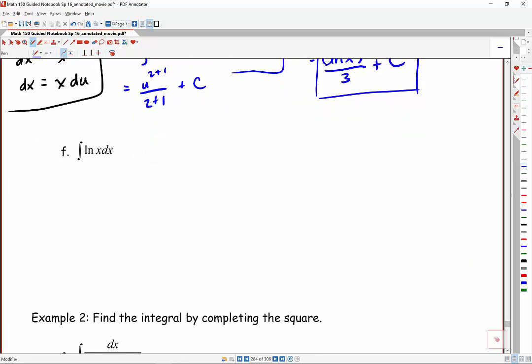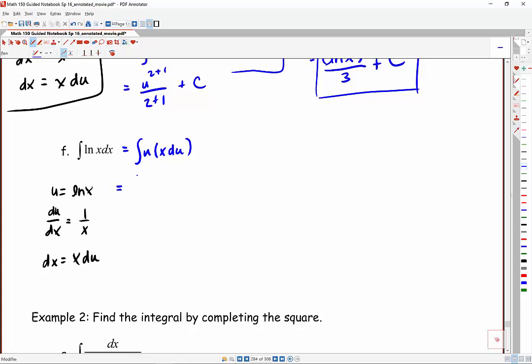I mean, if you did a u sub, and you said, oh, u is natural log at x, du dx is equal to 1 over x, so dx is equal to x times du, and then you wrote all that in, you'd have the integral of u times x du, which would be something where you can't get rid of the x. This x won't divide out.